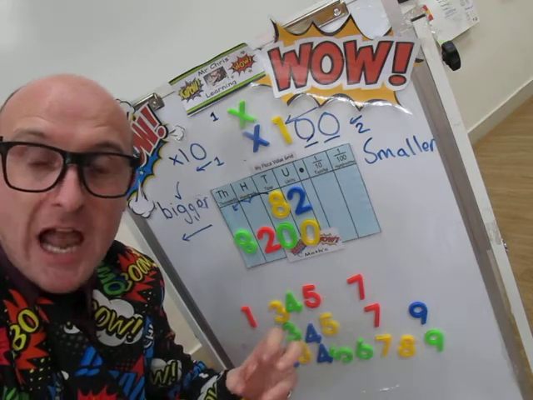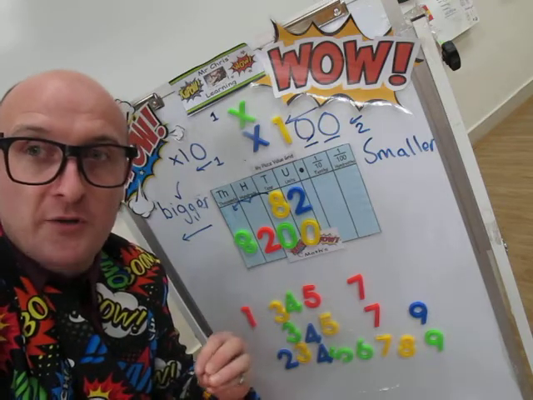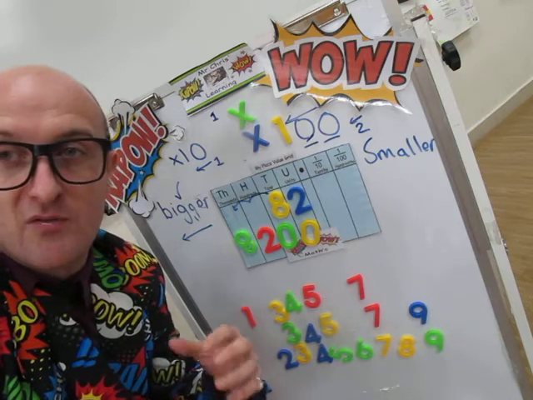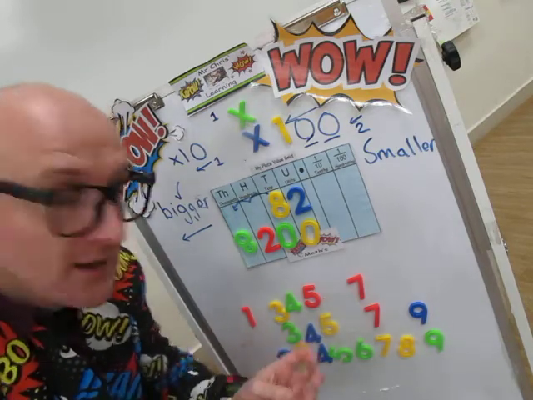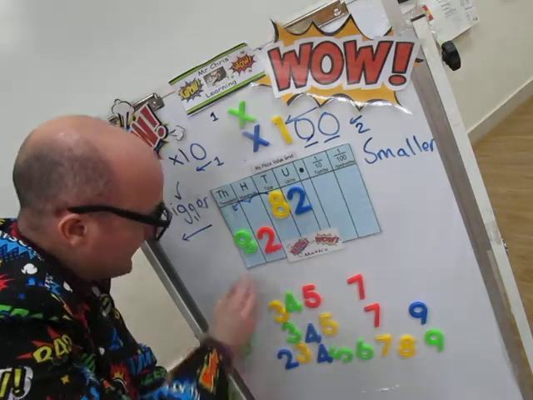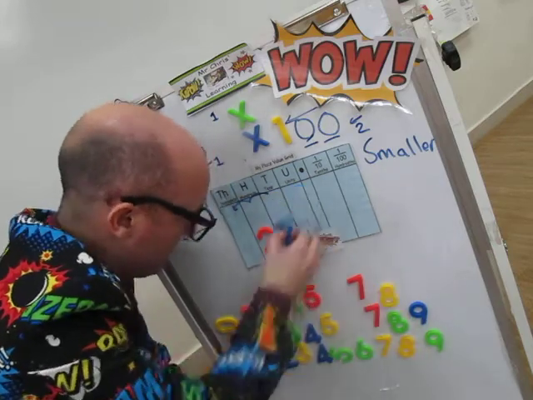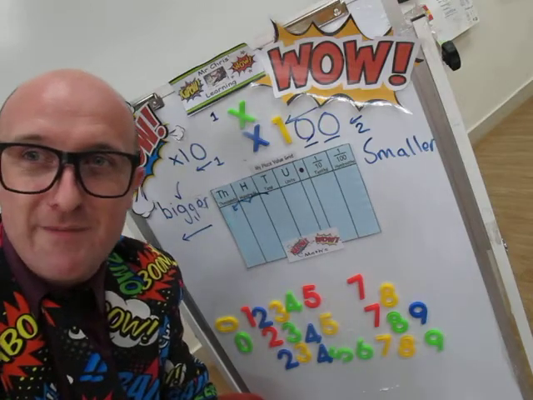We're going to finish now by mixing times by 10 and hundreds. I will do one with decimals as well, so you can practice that, especially if you're in year 5 or 6 in England, or grade 4 or 5 around the world. So let's put these zeros back. That 0 is very lazy today.